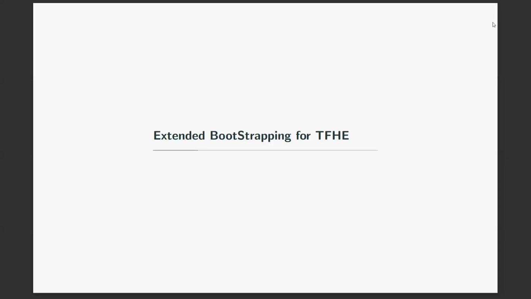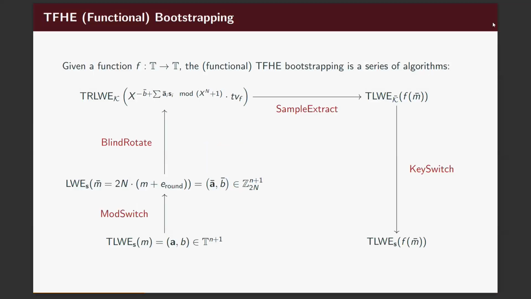I'm going to introduce the major contribution of our paper, the extended bootstrapping for TFHE. Given a function f over the torus, the functional TFHE bootstrapping is a series of these four algorithms. Starting from the LWE ciphertext, the torus elements of the LWE ciphertext are converted into an integer space modulo 2N. During this conversion, some rounding errors are added to the ciphertext.